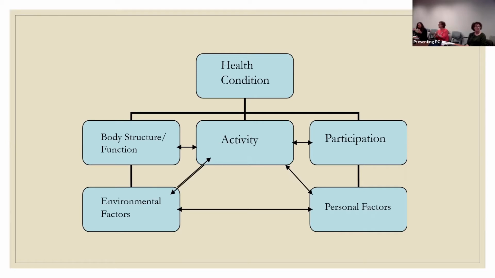So body structure and function refers to what structures and how they function and are impacted. Let's take a simple orthopedic condition. Let's say somebody fractures their hand, and they are a mechanic.